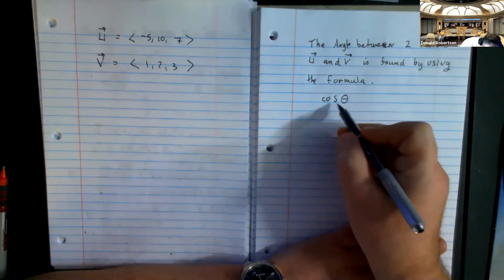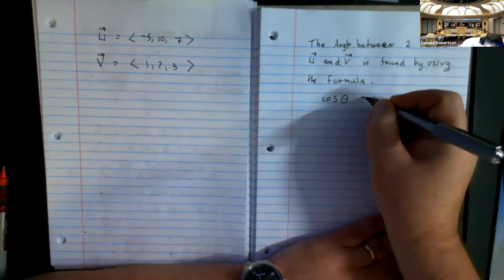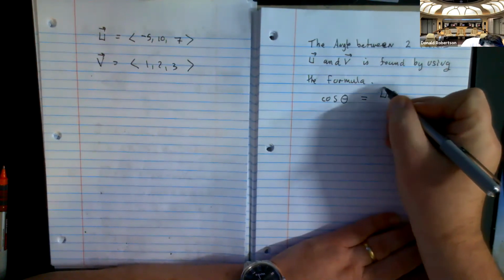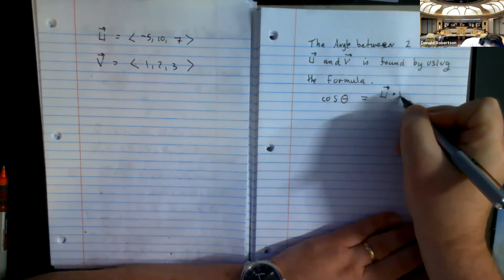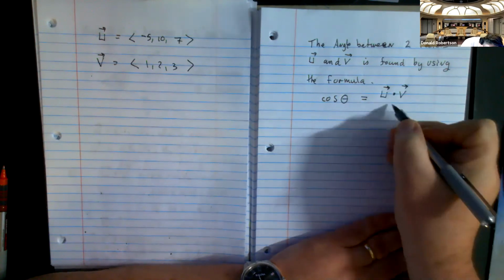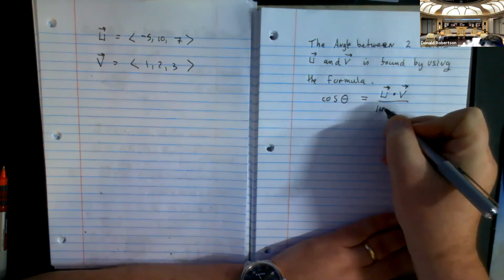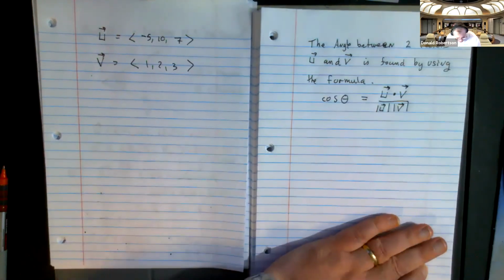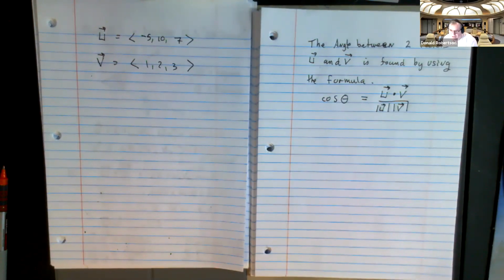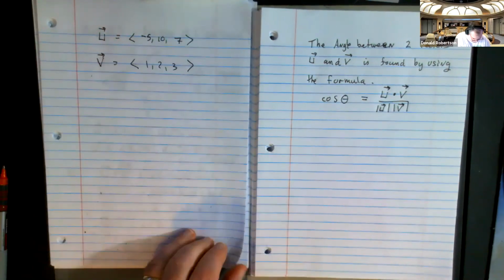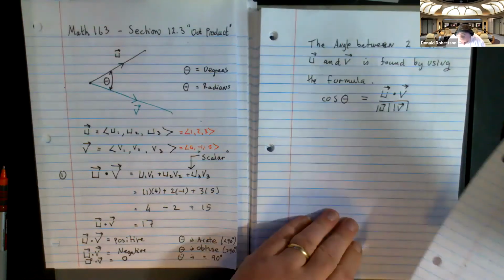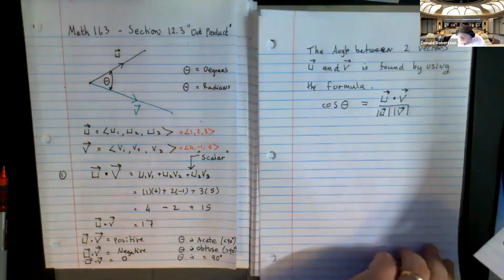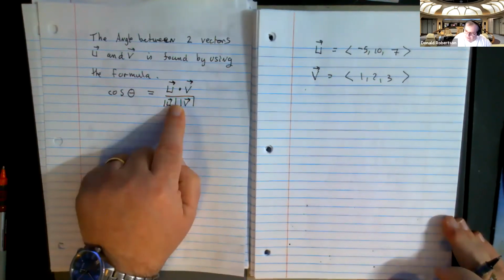The cosine of that angle, the angle theta that you're after, is the dot product of the two vectors divided by the magnitude of u times the magnitude of v. And typically in these questions, you're going to be given the components. So I'll switch places now, and we'll look at how to use this formula.